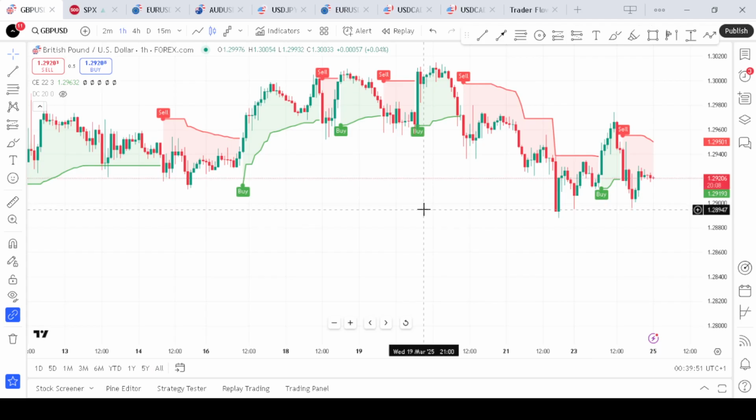Now this ensures that the stop loss moves with the trend, helping you stay in the trade as long as the trend continues.